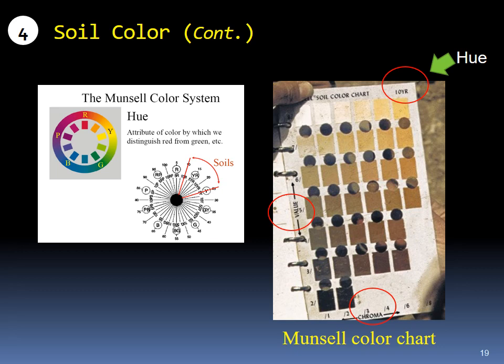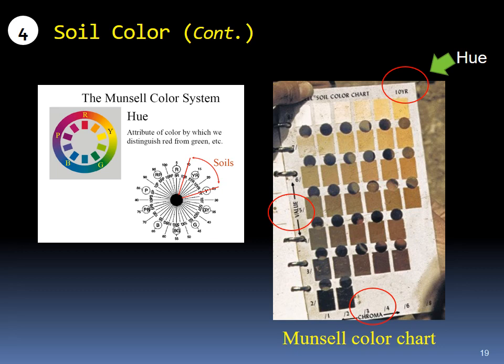Looking at the left side of this page, you would find the value. Now, as you can see, if you go down, the value becomes less and the color becomes darker and darker. And if you go up, the value increases and the color becomes brighter or whiter.